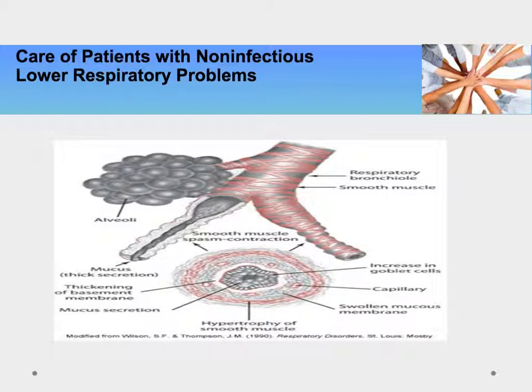So usually when we're talking about these disorders, we're talking about a potential problem with ventilation. So that's bringing in oxygen from the atmosphere. And then we're also talking about a problem with possibly the gas exchange that occurs.